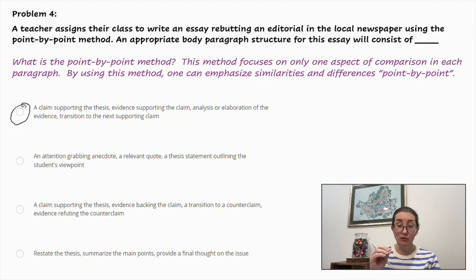That is something that you'd find in an introductory paragraph and not in the body. So we can eliminate that one. Next, a claim supporting the thesis, evidence backing the claim, a transition to a counterclaim, and then evidence refuting the counterclaim. I like this one better than this one, but let's go on.